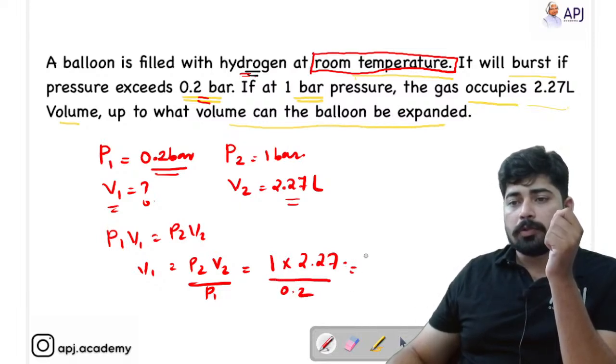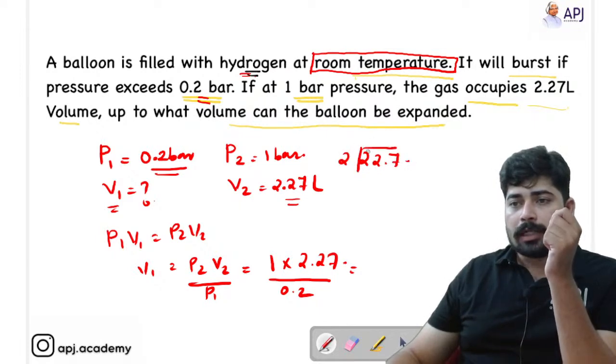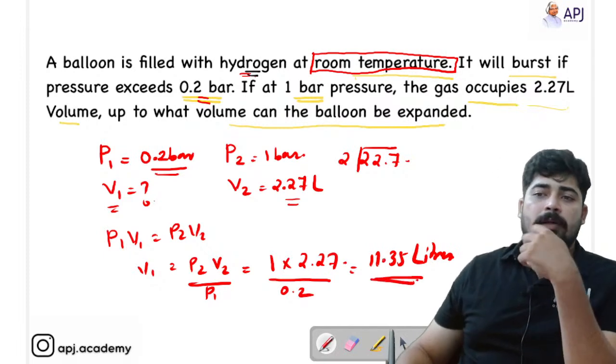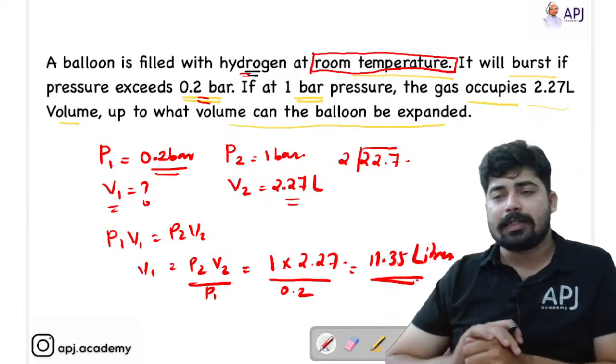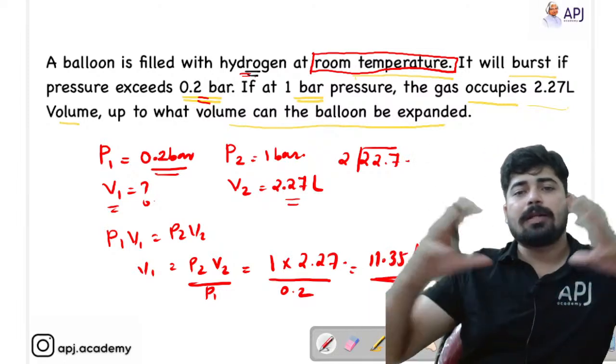That is equal to 2.27, let's take it as 22.7 by 2. That will be equal to 11.35. So 11.35 liters is the maximum volume capacity of the balloon. As it reaches 11.35 liters, the balloon will burst.